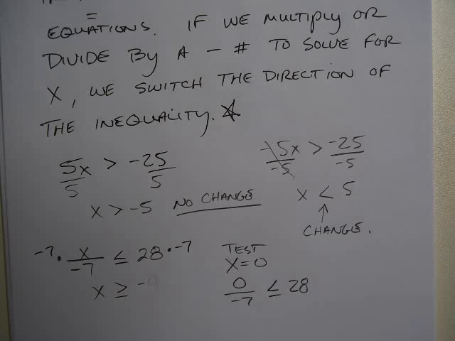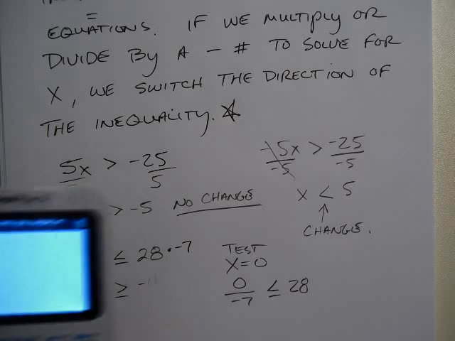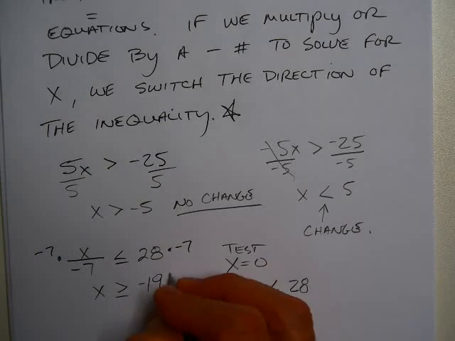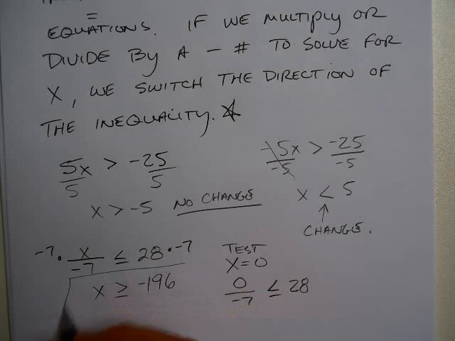That's okay. 0 still works for our test, but 28 times 7? That's more like negative 196. Sorry. But 0 is still bigger than negative 196. If I plug in negative 196, then I'm going to find that that's a case where they're going to be equal.